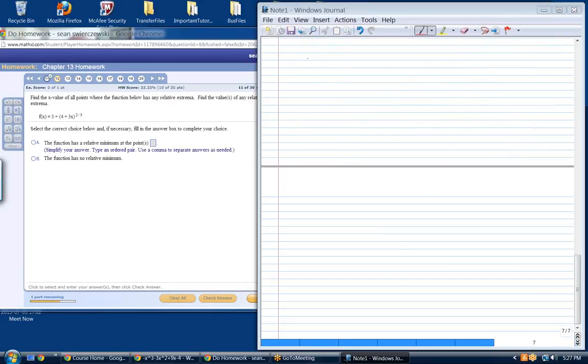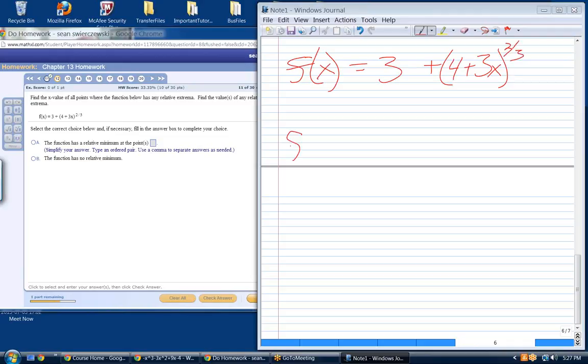Let's write f of x up here. Let's write f prime of x right here. What's f prime of x?